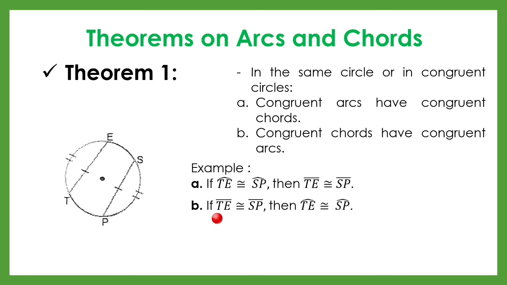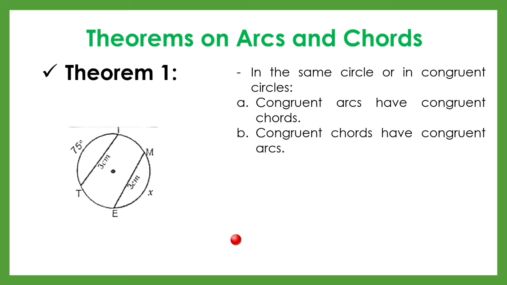Another, if line segment TE is congruent to line segment SP, then arc TE is congruent to arc SP. Kung ang line segment na to, TE, ay congruent sa line segment SP, then yung arc TE ay congruent sa arc SP. Let's have another example.